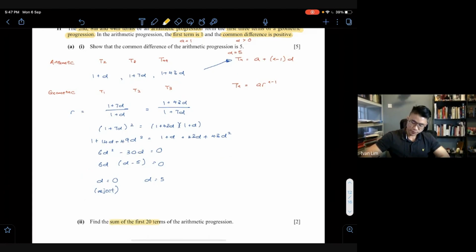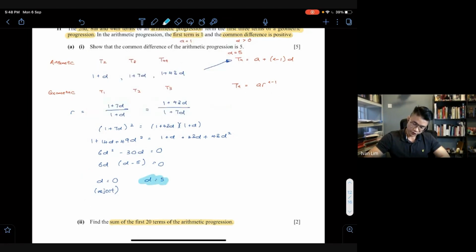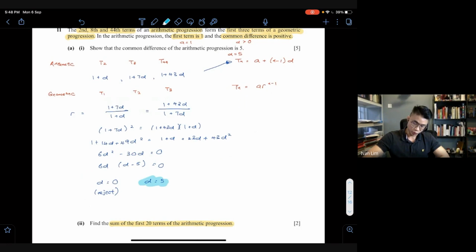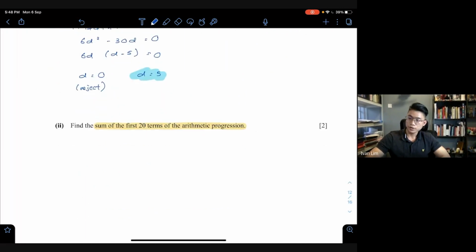Question 2, the sum of the first 20 terms of the arithmetic progression. We already got d equals 5. We know that a is equal to 1. So we just need to substitute into the formula for the sum of the first n terms of an arithmetic progression.